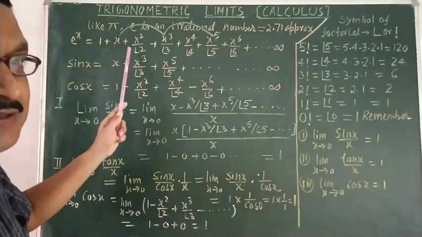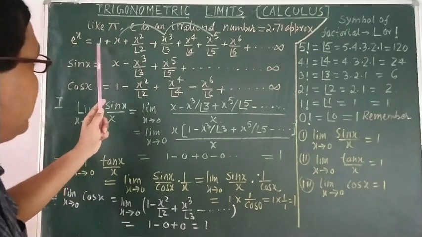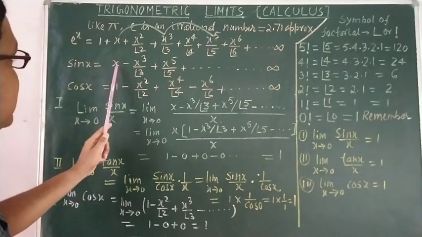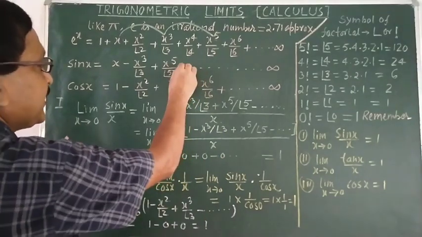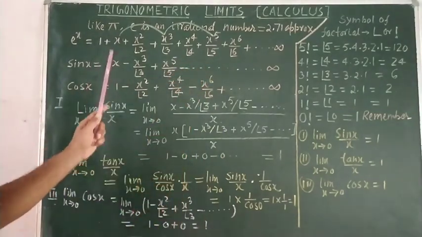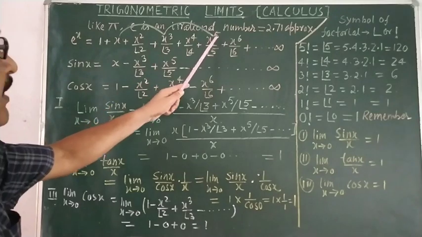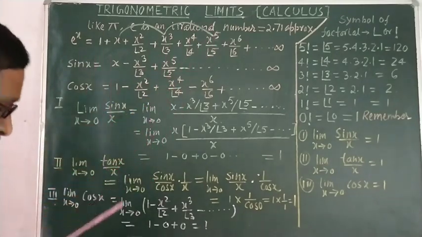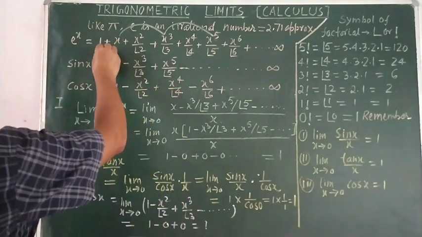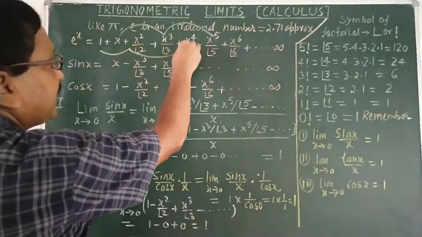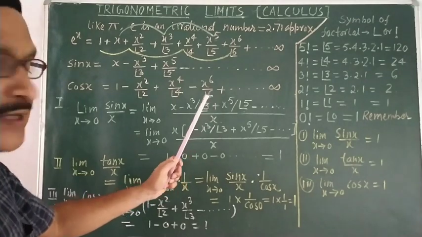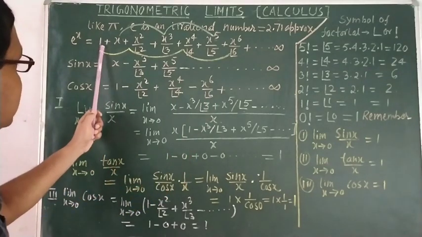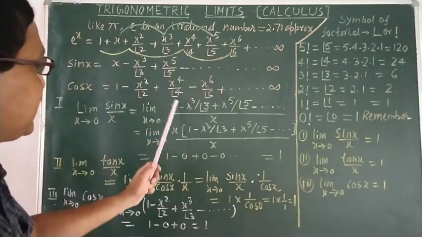The value of sin x comes from e to the power x, but you have to take alternate plus and minus signs. In case of sin x, you start from x and take alternate terms. In case of cos x, you start from 1 and take alternate terms. This is cos x, and you have to maintain the plus minus sign: plus, then minus, then plus, then minus, and so on.